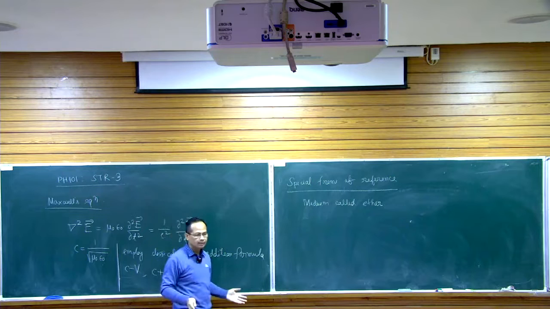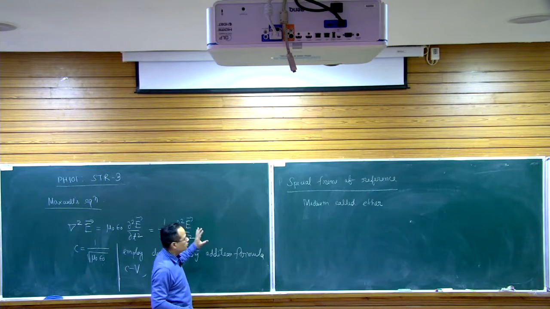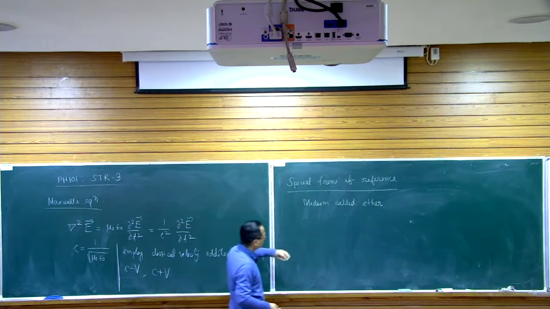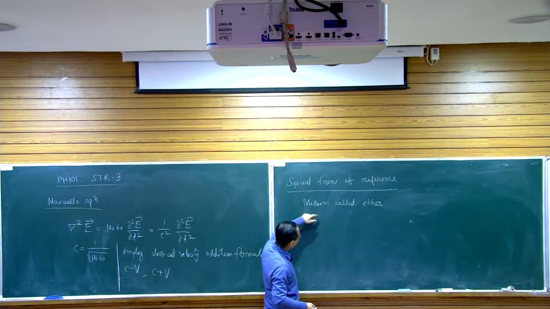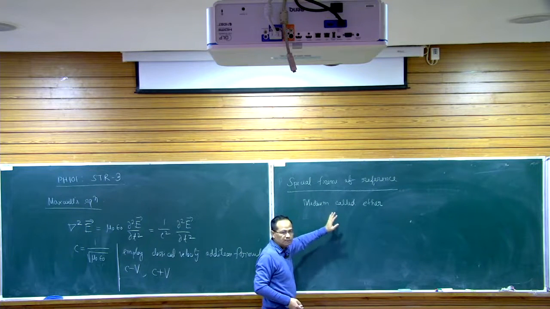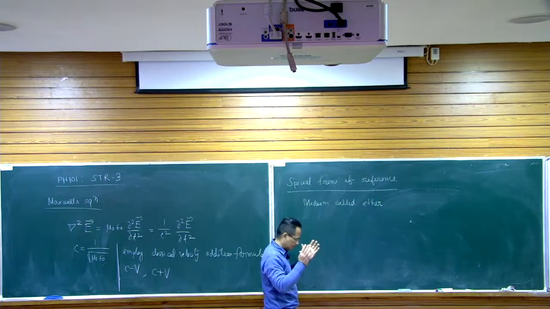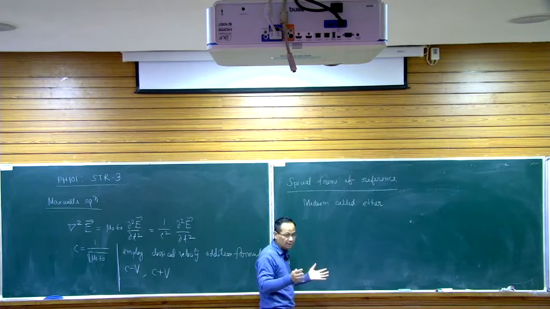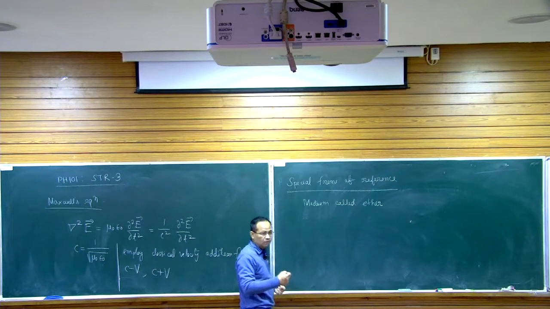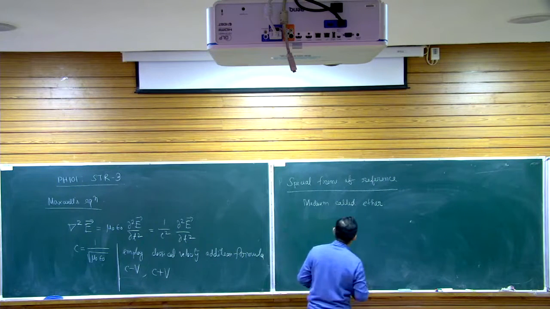So in other media, the Maxwell equation will not be valid. So in order that this proposition is correct, there has to be a special medium, and it is imagined that some transparent material is there, made up of ether, and in that medium light travels with 3 into 10 power 8 meter per second.